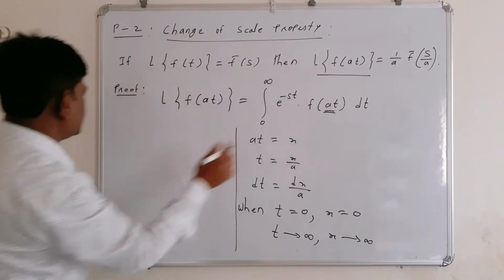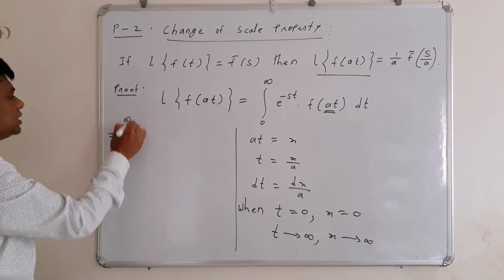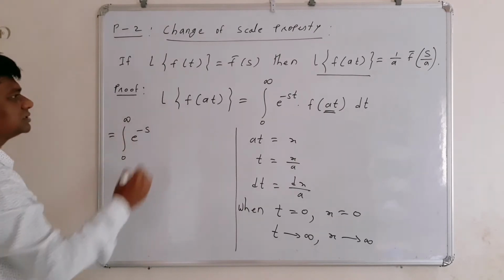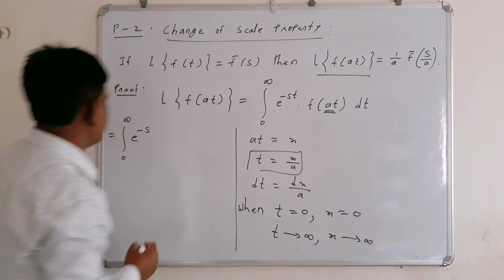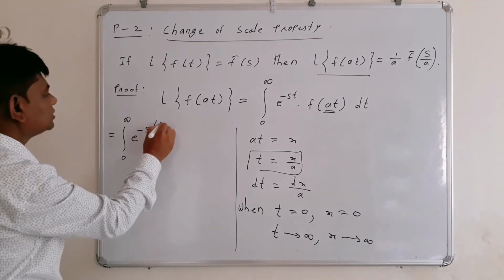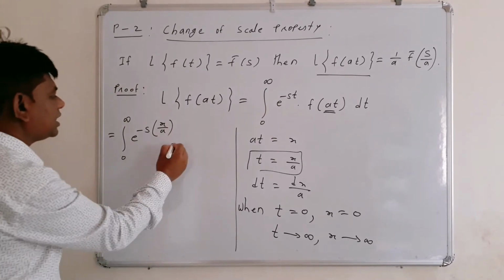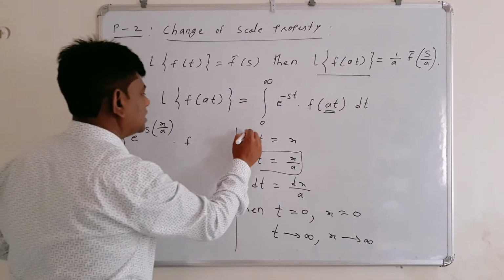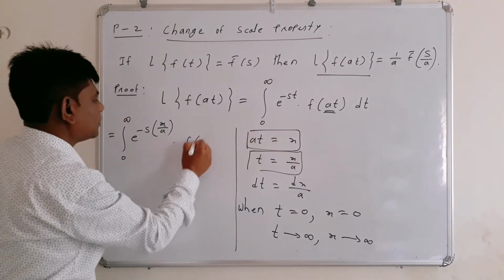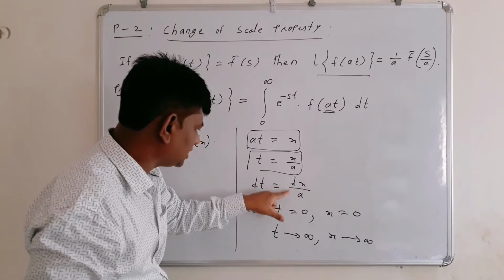Therefore this integration is equal to integration 0 to infinity e to the power minus s, now t is x upon a, times f(at), the at is x, so f(x). Now dt is dx upon a.